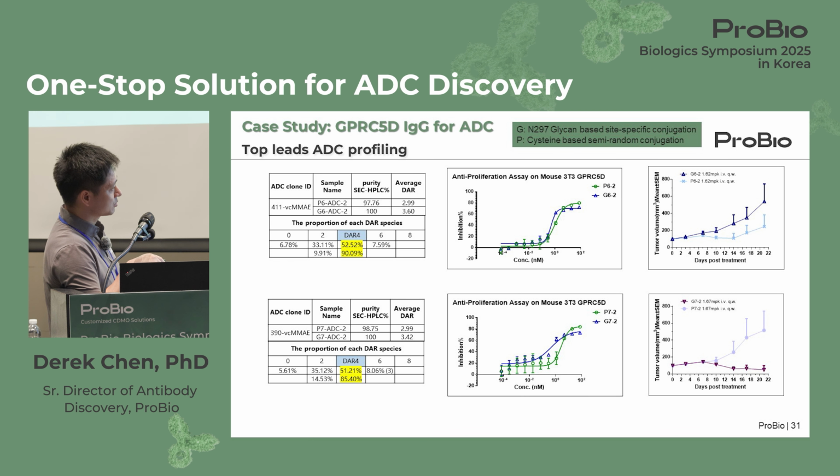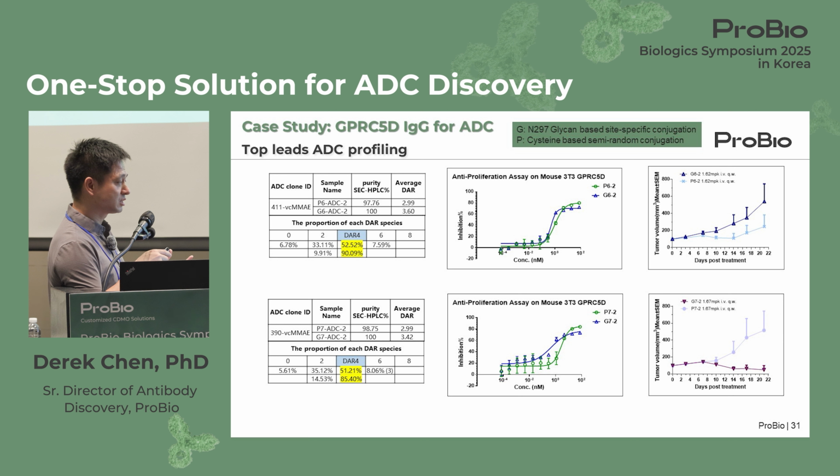Although the site-specific conjugations can generate samples with much better homogeneity, our theory or our guess is that those high DAR species generated from the random conjugation methods have better potencies in terms of the cell killing. That can explain why we see better cell killing with those cysteine-based conjugated samples.